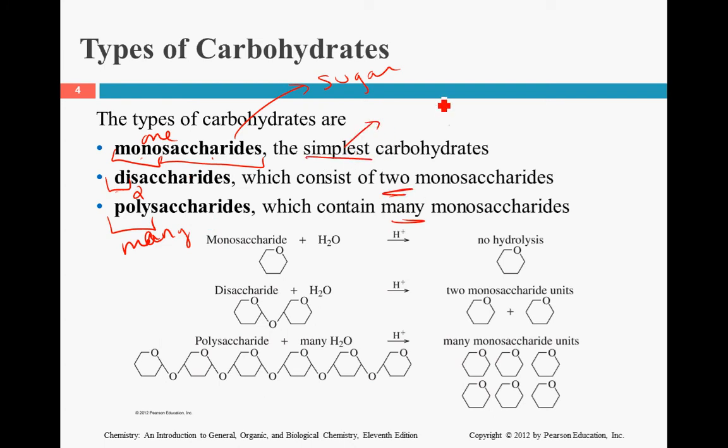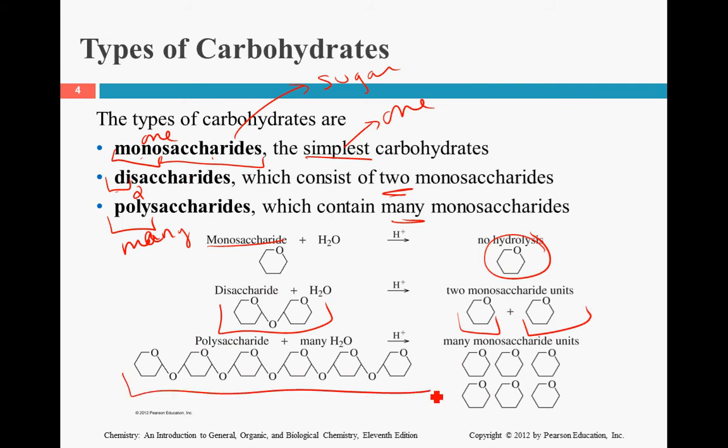The simplest carbohydrate is only 1 sugar large. For instance, here's a monosaccharide. If we try to break it down, we still only have 1 at the end. Whereas if we have a disaccharide, we can break it down into 2. And then we have a poly, meaning many, we can break it down into the individuals. And you'll have several of them when they're done.